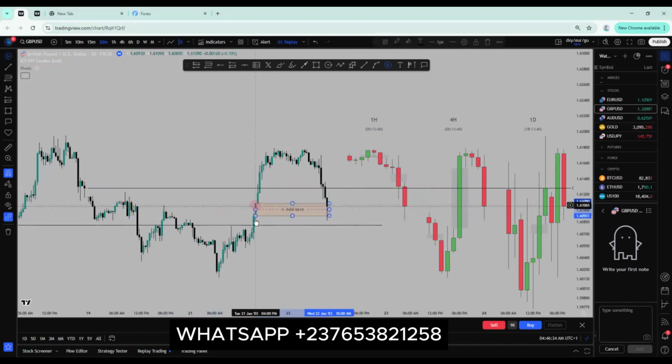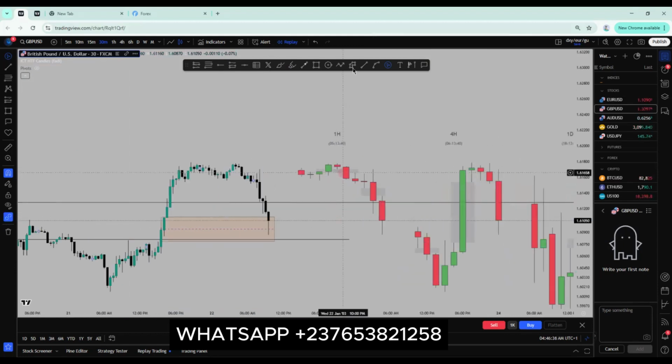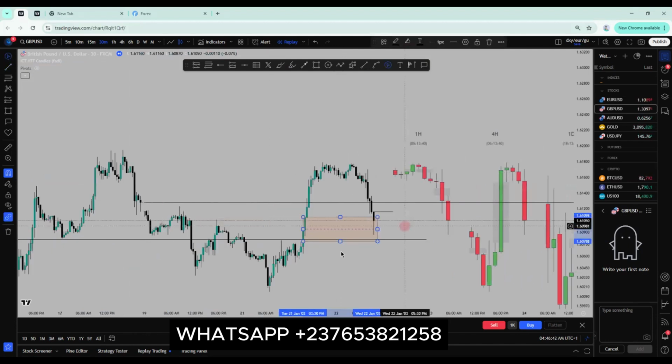So as it stands now, all right, as it stands now, if price wants to close above this, we can be going in for a buy.